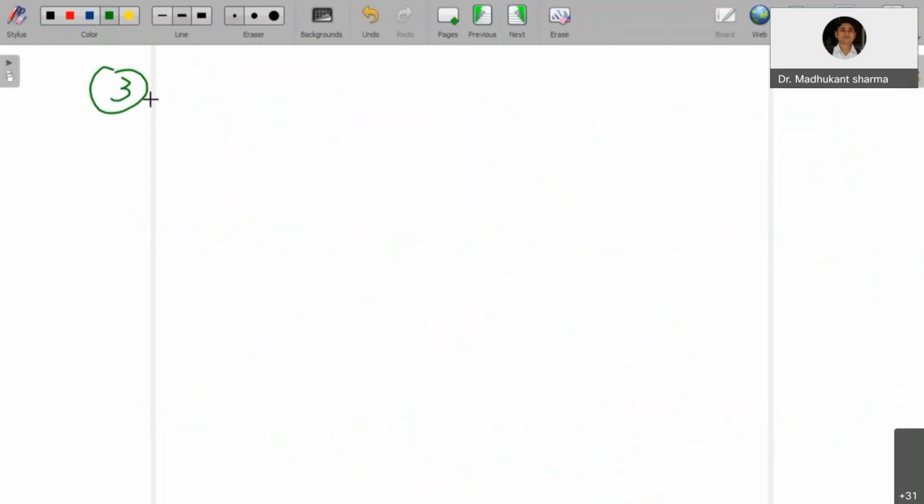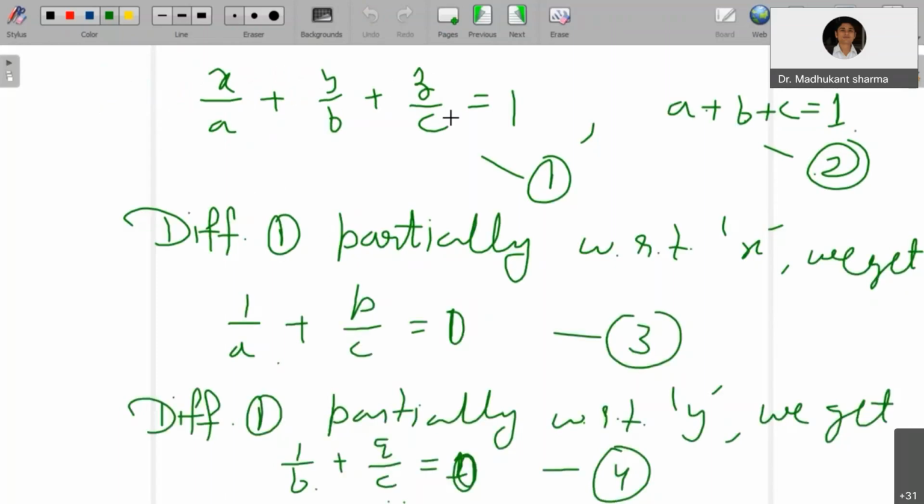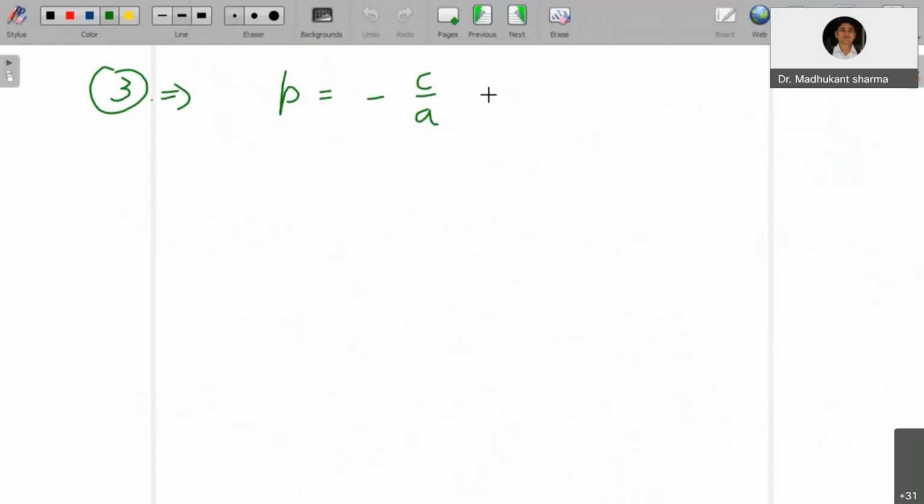What 3 gives is p equals minus c by a, and c is 1 minus a minus b, divided by a.